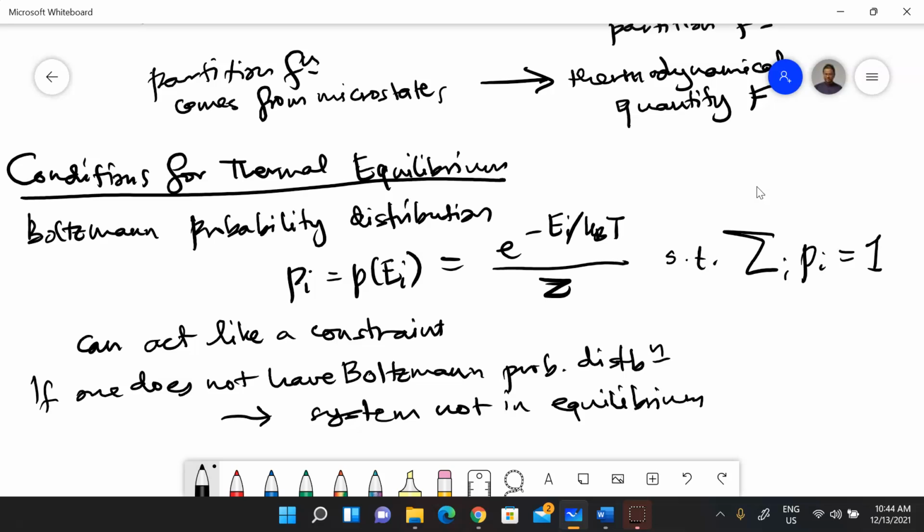So to have the system in equilibrium, one needs this Boltzmann probability distribution.